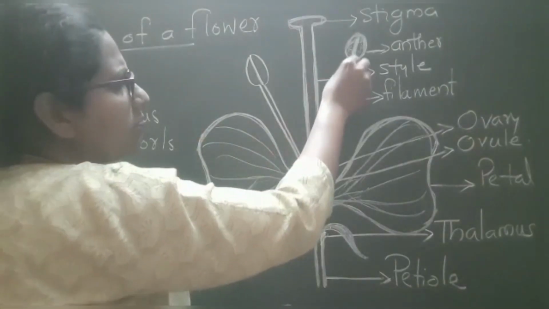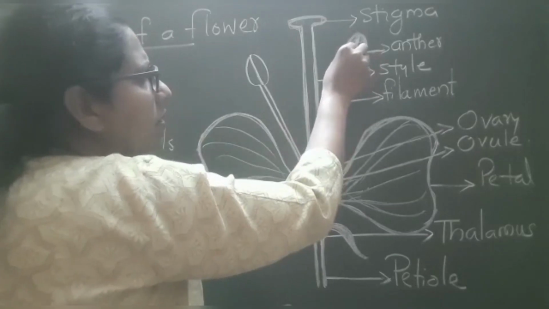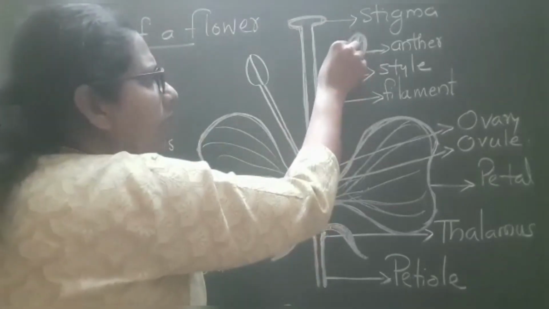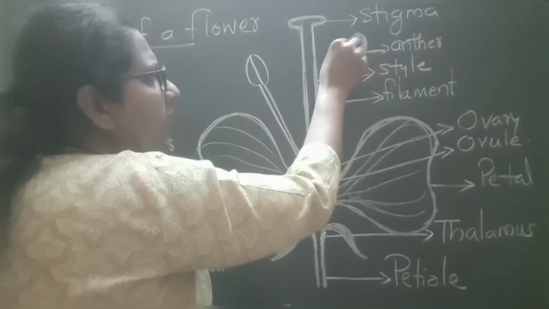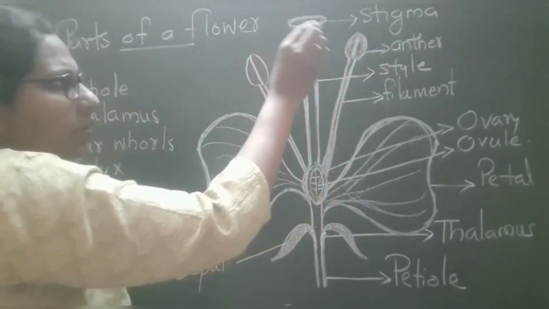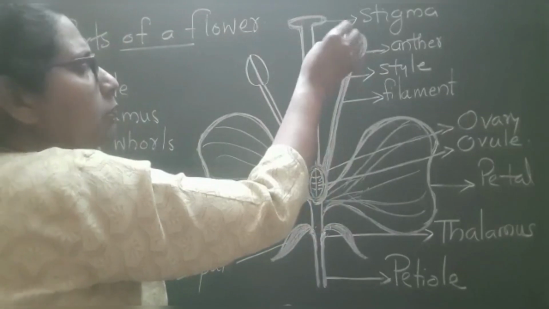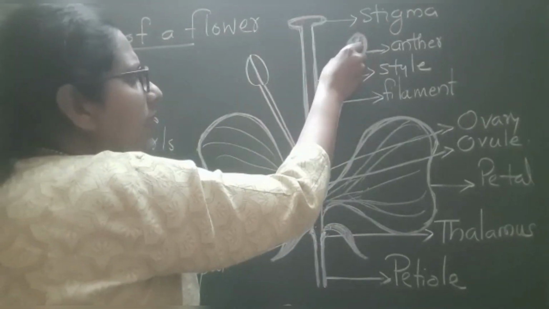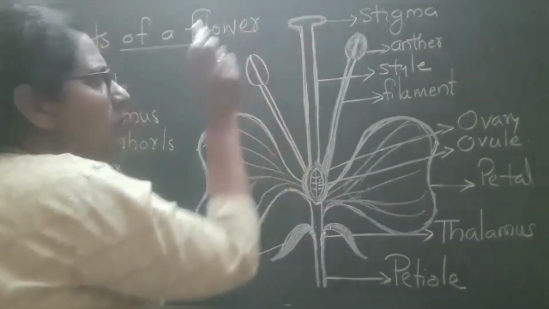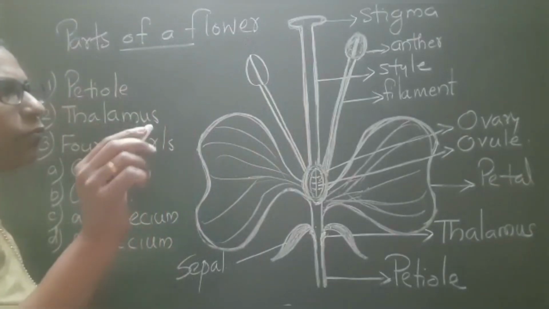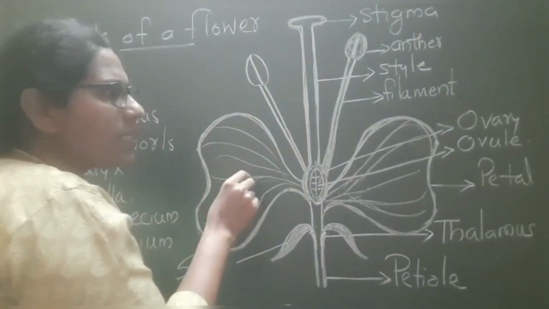In androecium, that is this anther in the stamen, there are pollen grains. Pollen grains are carried by insects to the stigma. I have told you this flower is very attractive.